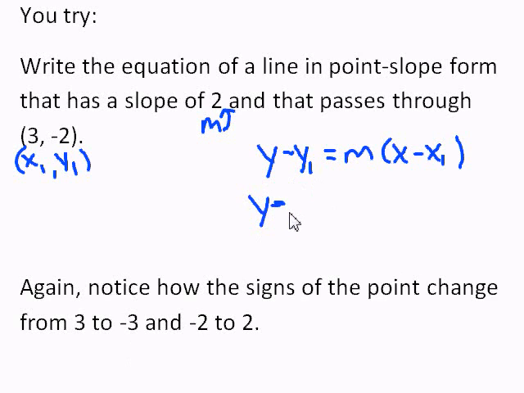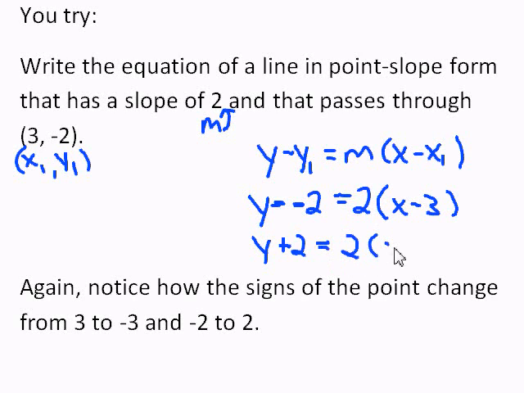Y minus, our y1 is -2, so we're going to write -2, equals, our m, which is our slope, is 2, so we write 2. X minus, what's our x1? Well, our x1 is 3. So that gives us y minus negative 2, which is y plus 2, equals 2(x minus 3).